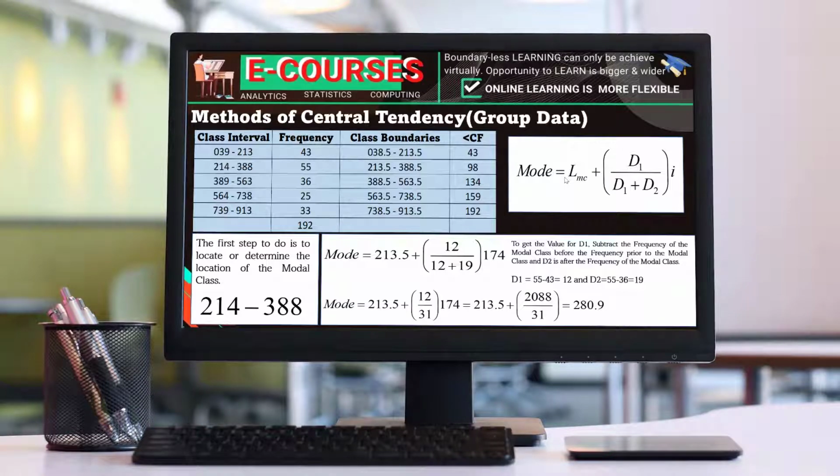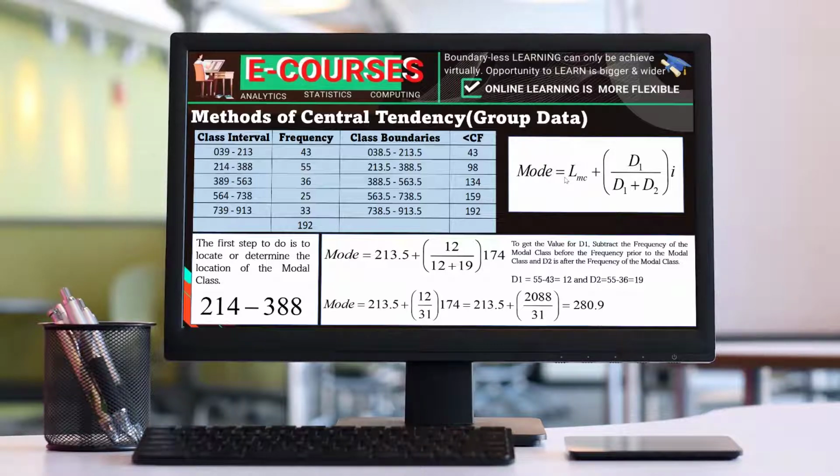To get D1, subtract the frequency before the modal class from the frequency of the modal class. The modal class is 214 to 388 with a frequency of 55. So D1 is 55 minus 43, which is 12.